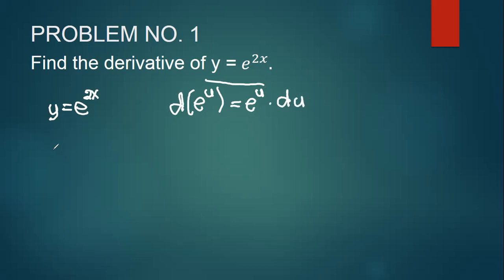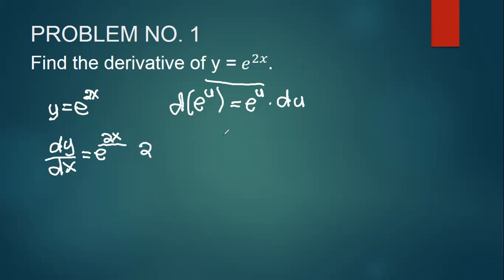In this case, y prime, or we can use dy over dx, that's also the same for the first derivative, is equal to e raised to 2x times the derivative of this 2x, which is equal to 2.